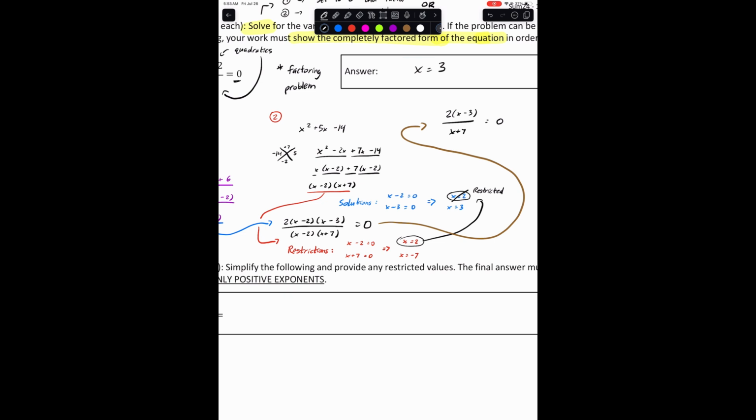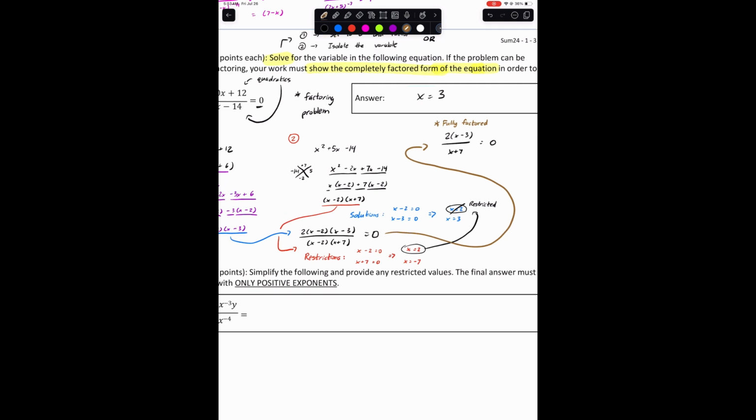And then I should write that fully factored. But if you're solving for restrictions, like holes, do not forget about that x minus 2, okay? That is question 5.